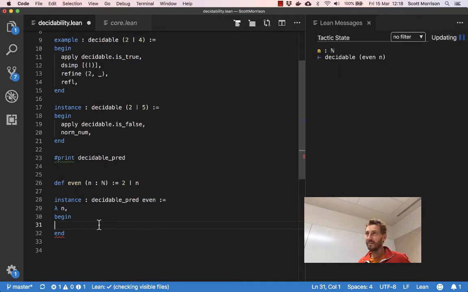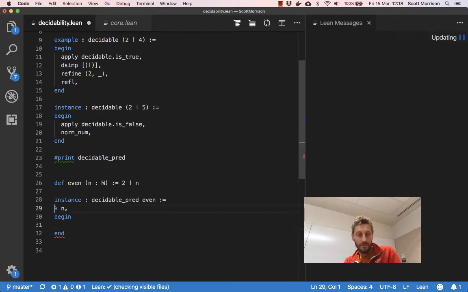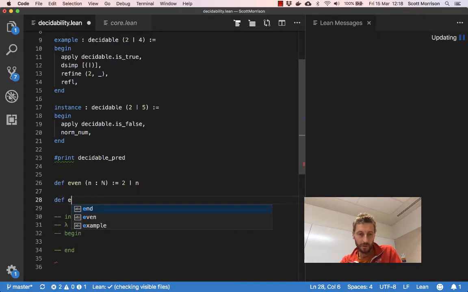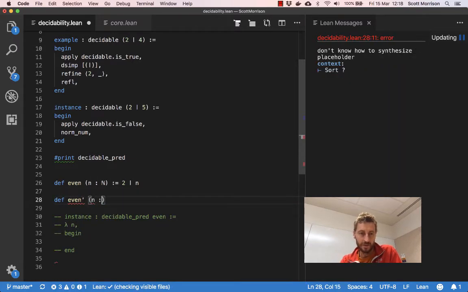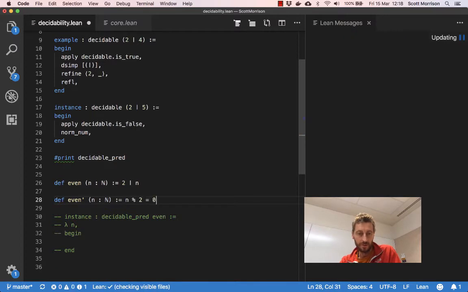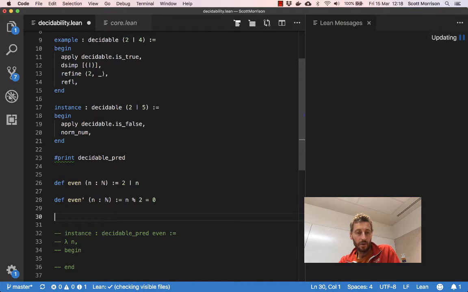Can you show that it is equivalent to like n mod 2? Yeah, so this is maybe a good thing. So maybe we could define another version of evenness that says that n mod 2 equals 0.